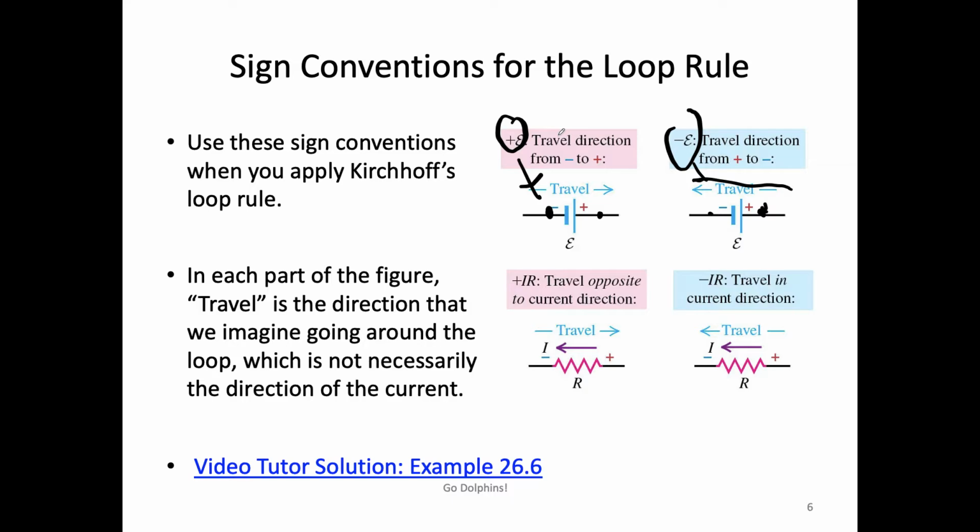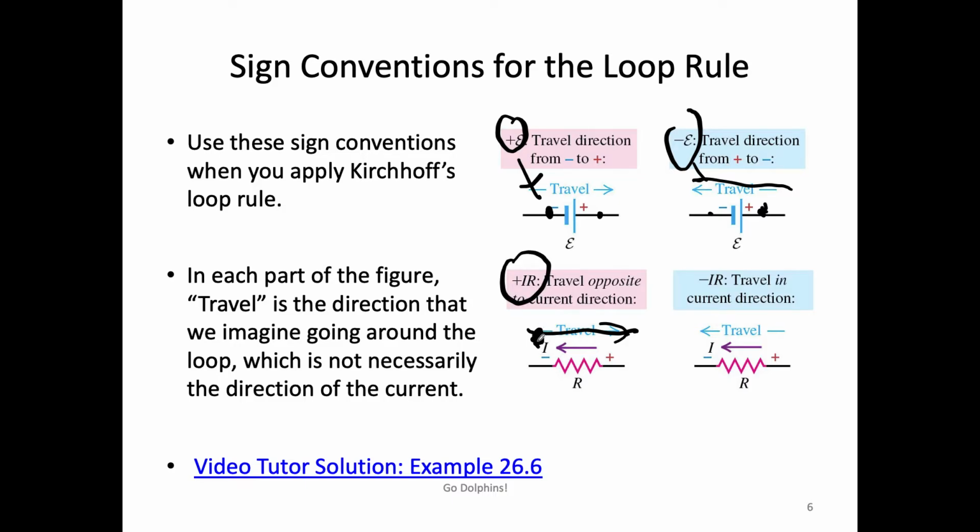On the other hand, for a resistor, the loop can be in the same direction of the current or in the opposite direction of the current. If the loop is in the opposite direction of the current, then along the loop we are going from lower potential to higher potential across the resistor, so you should have positive IR.